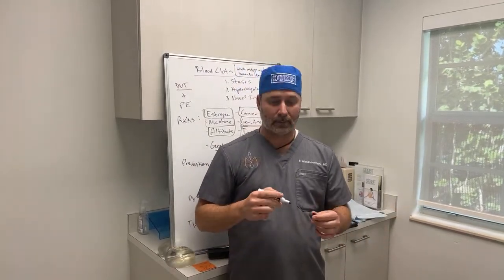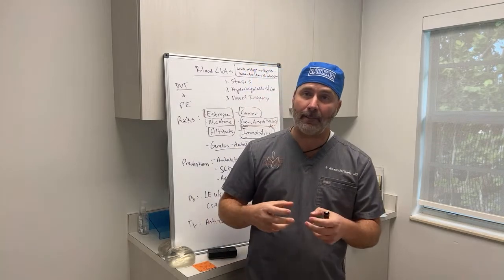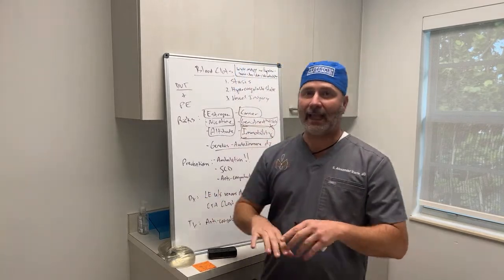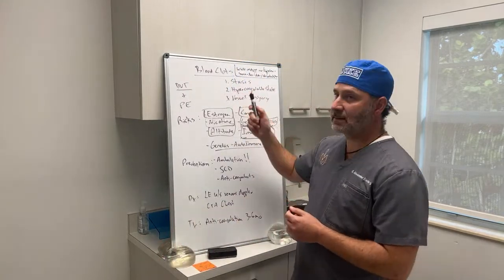The way that the body's designed and the fact that we can walk standing up, okay, is because as we move around, we have a pump action with the muscles in our legs, and that pump action allows the blood to flow back up against gravity, okay? So if you're not moving around, if you're just laying around, or just sitting, then you're going to increase stasis and you're going to increase your risk for blood clots, okay?